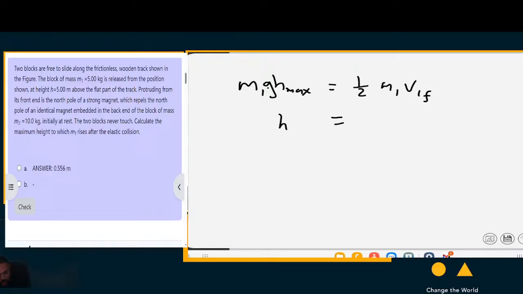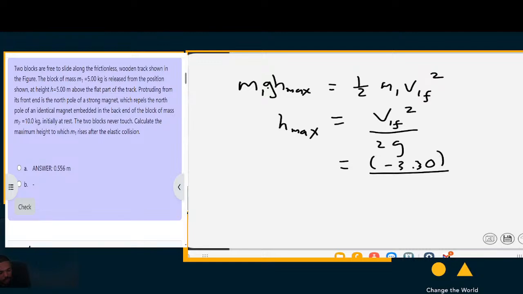If we make H max the subject of the formula, it is V1F squared over 2G. So it is negative 3.30, sorry, that is squared, over 2 times 9.81.